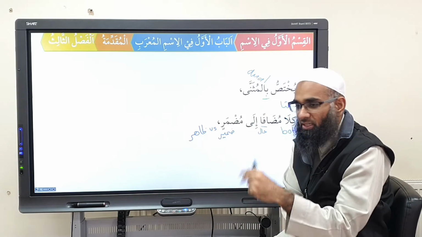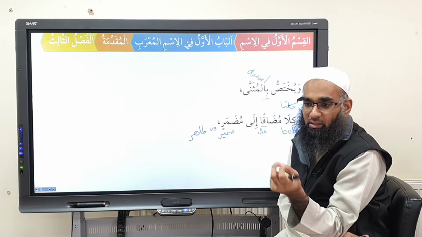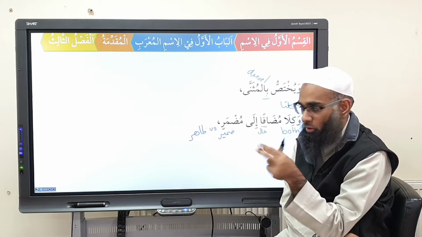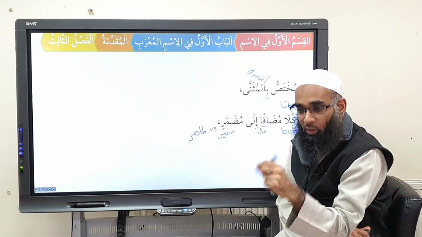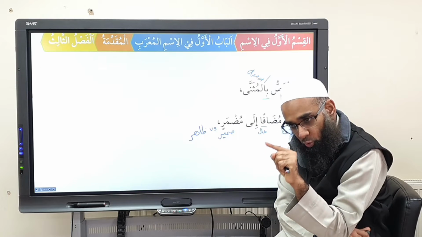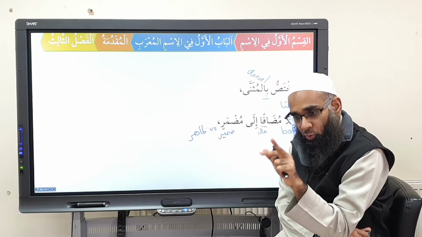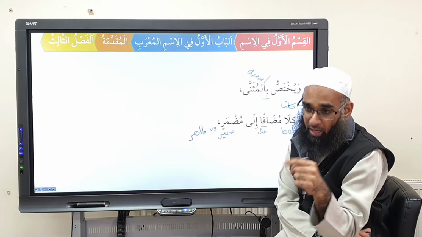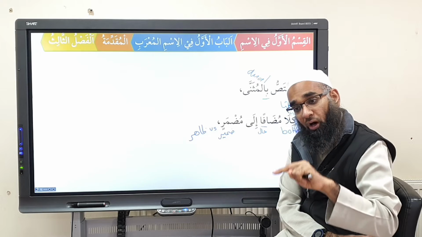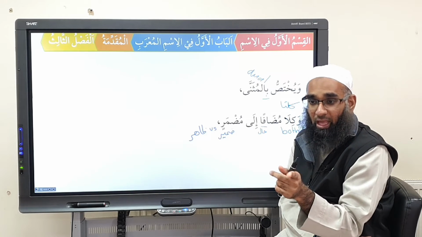So zamir and mudmar, ismani li shay'in wahid, they're two separate names for the same thing. So what we're saying here is that kila and its feminine kilta will have marfu with an alif and mansoob and majroor with a ya before which is maftuh when it is mudaf to a zamir.